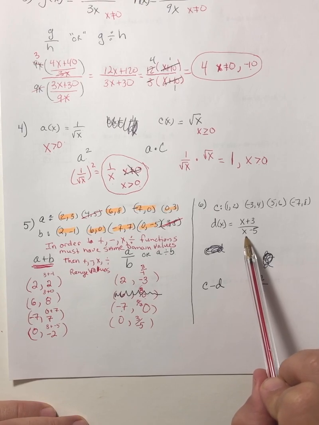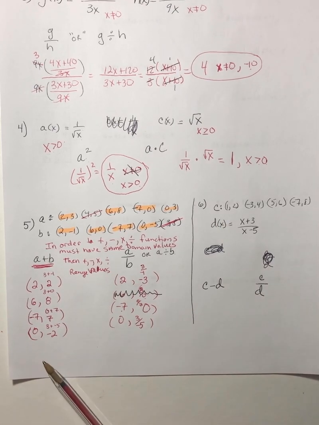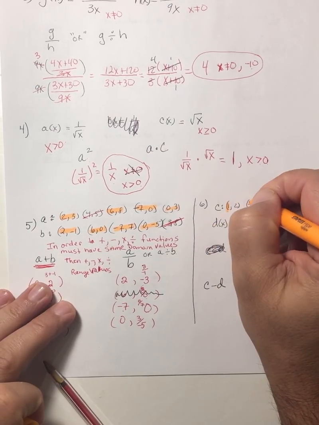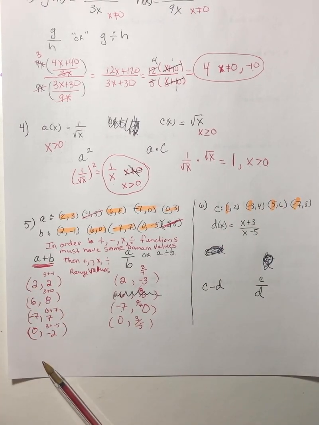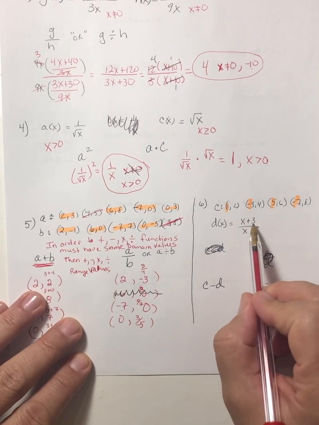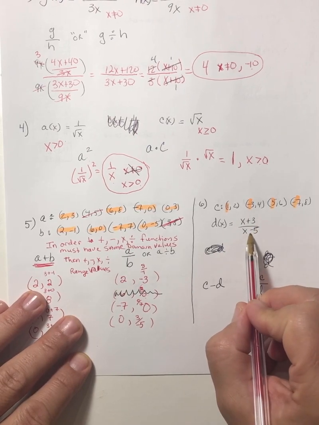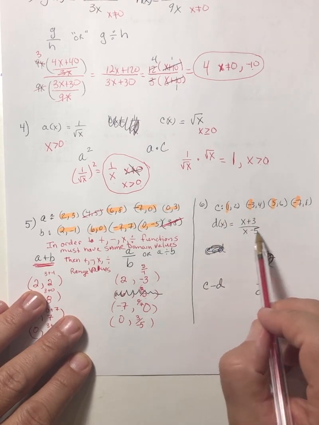Yes, you do. You only have 4 domains to worry about: a 1, a negative 3, a 5, and a negative 7. So here is the function that we're dealing with, and I don't have to worry about every single domain that's ever possible for this function.